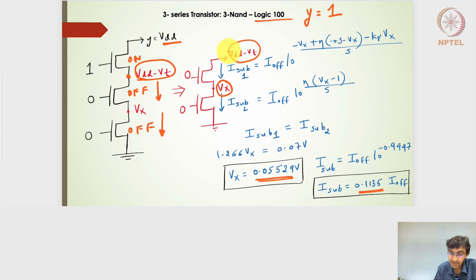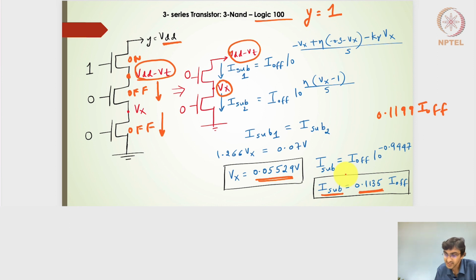So if I have a VDD minus VT on one side and then two stacked transistors and then a ground, then this Vx value turns out to be slightly lower. The reason is the subthreshold leakage current is slightly lower than our 0.1199 I off, right? When the two transistors were stacked, on one side it was the rail voltage of VDD, on the other side it was ground. Here, because of the third transistor, we have this particular node as VDD minus VT.